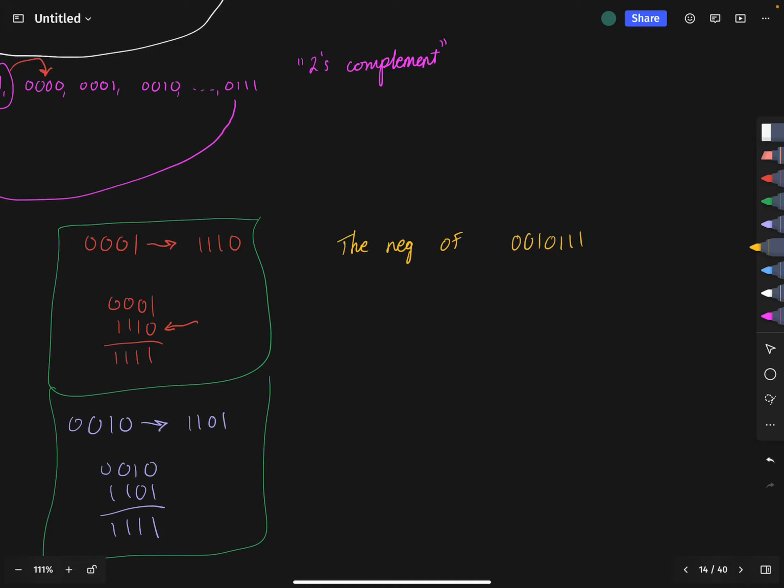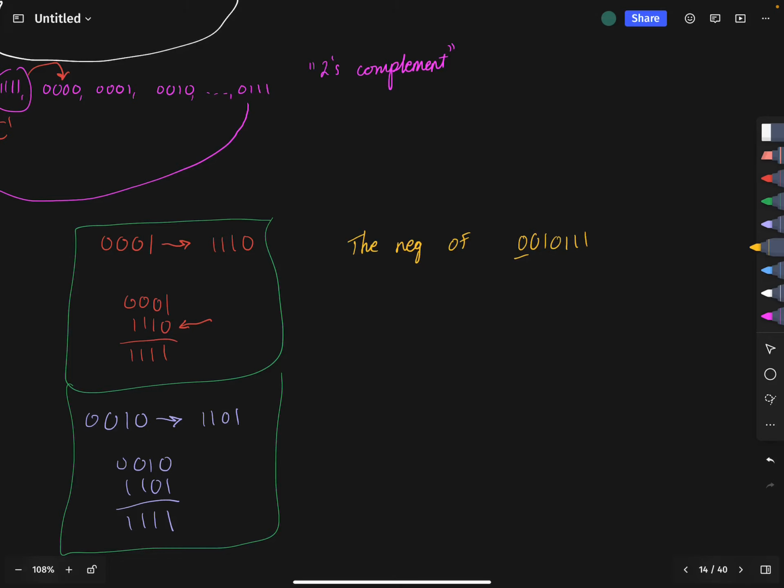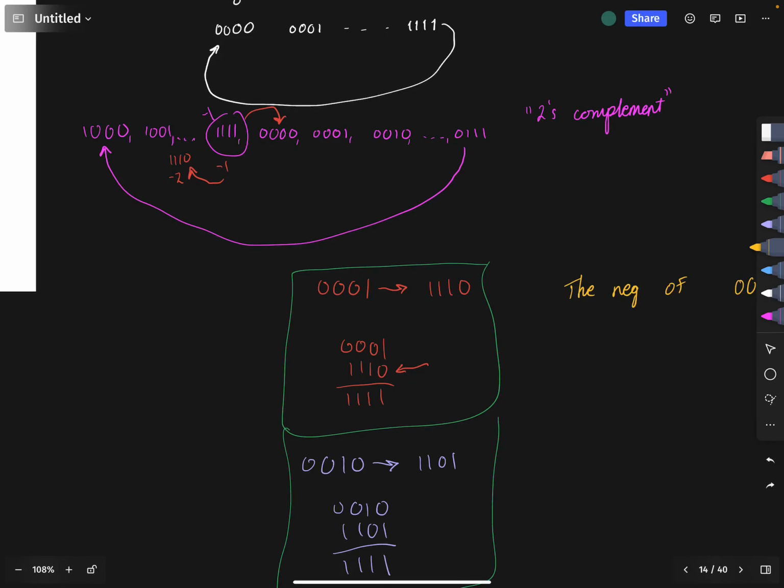By the way, it is worth remarking that non-negative numbers in 2's complement still always lead with a 0. The exact way in which the sequence of negative numbers goes is effectively just the reverse of what we said for 1's complement. But I don't want to go too far into that.